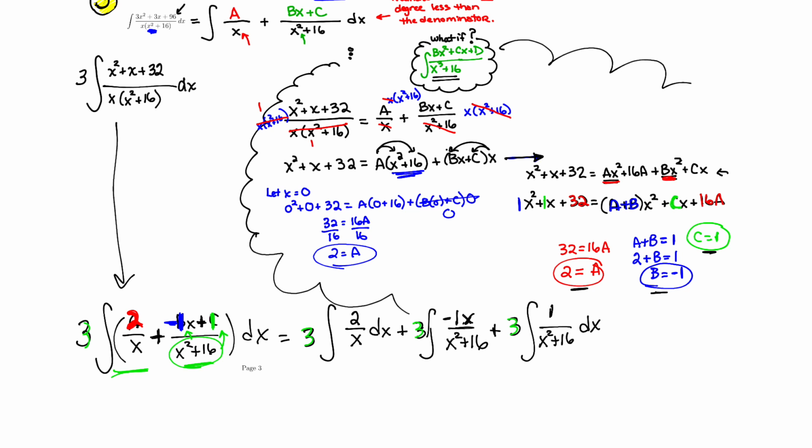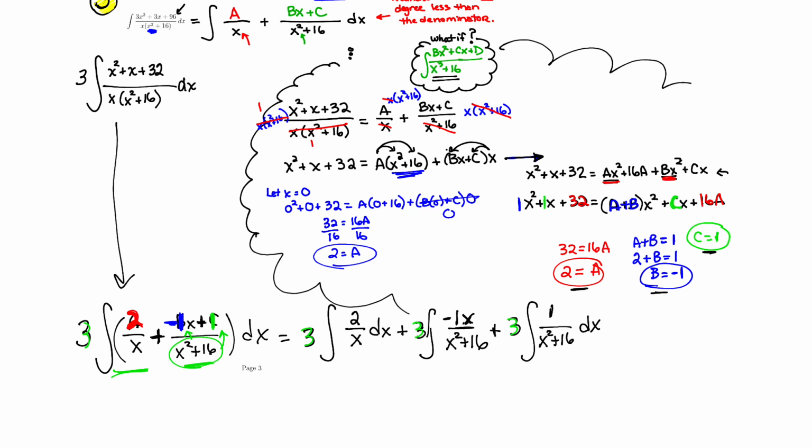Well, the second one is not so nice because you have an x squared on the bottom and the x on the top. You guys see what to do with the first one, right? The 2 can come out, and it's just a natural log.